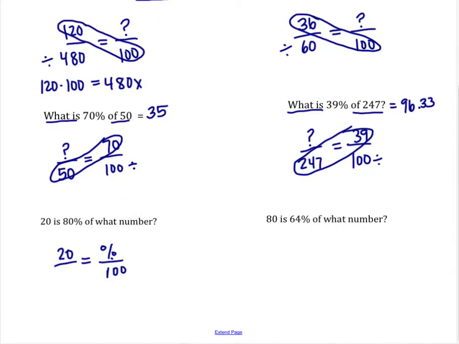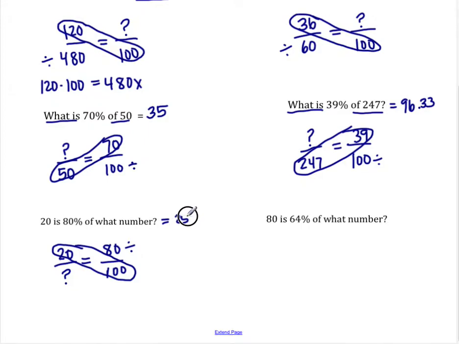Oh, I'm sorry, I wasn't supposed to put the percent. The percent's supposed to be 80. Of what? So that's my question mark. So cross multiply 20 times 100 is 2,000 divided by 80. And a handy dandy calculator tells me it's 25.